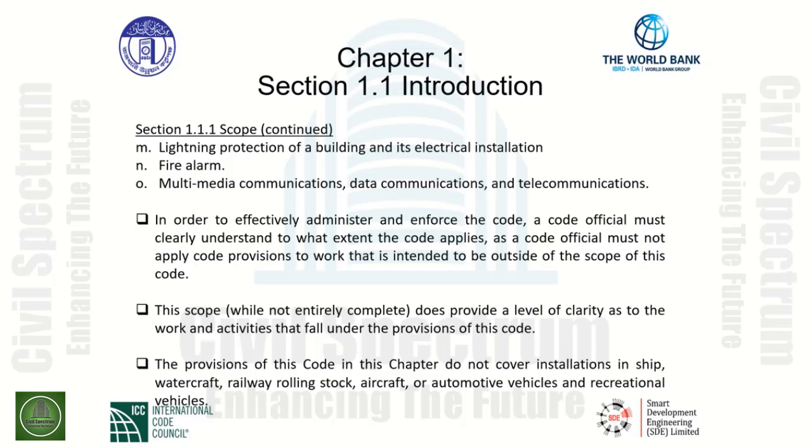That is the language that is so necessary in the scope part of the code. The scope, while not entirely complete, does provide a level of clarity as to the work and activities that fall under the provisions of this code.